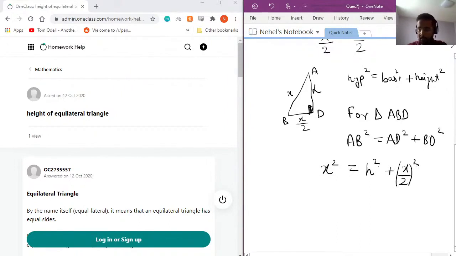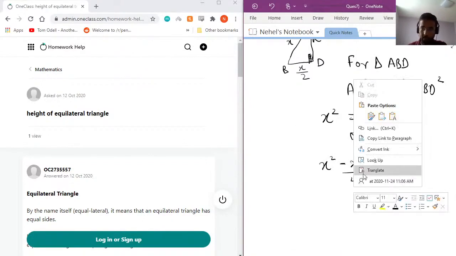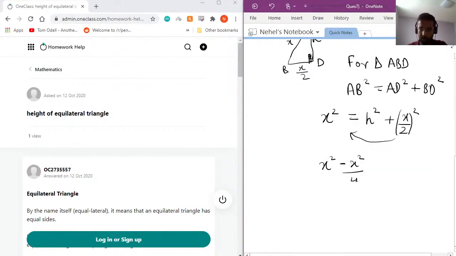We are trying to simplify for H, so we can take this expression onto the left hand side and subtract it from X squared. From that, what we will get is X squared minus X squared over 4 equal to H squared.